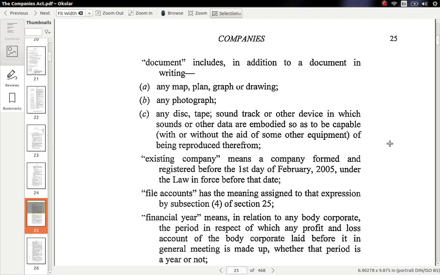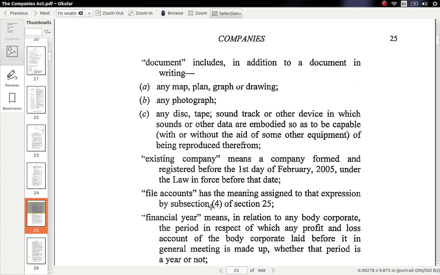Existing company means a company formed and registered before the first day of 2005. So, existing company formed and registered before the first day of February 2005, under the law in force before that date. So remember, this act was incorporated in 2005. So an existing company is one that was formed before that date.